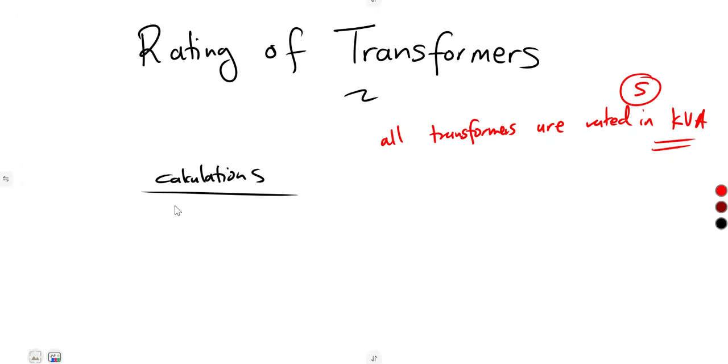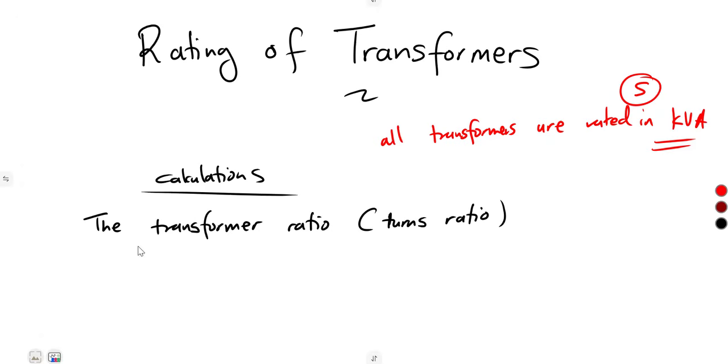We can consider the transformer ratio, where we can obtain the turns ratio. The transformer ratio or the turns ratio, they can ask in that manner.